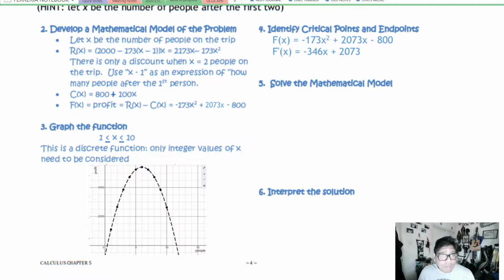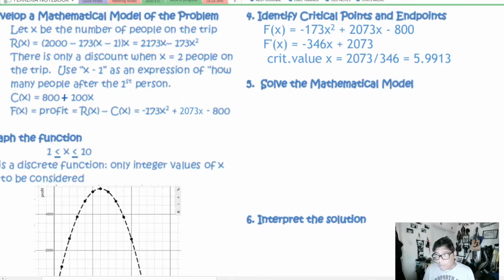That makes our f prime negative 346x plus 2,073. This makes our critical value 2,073 divided by 346, or 5.9913.